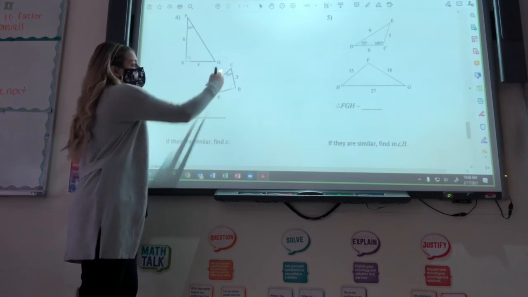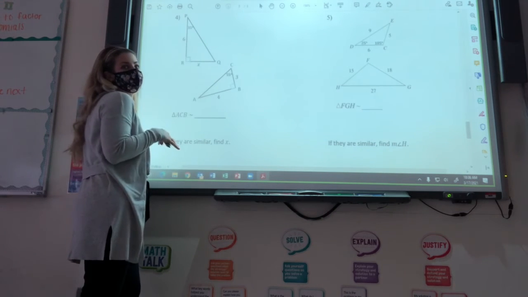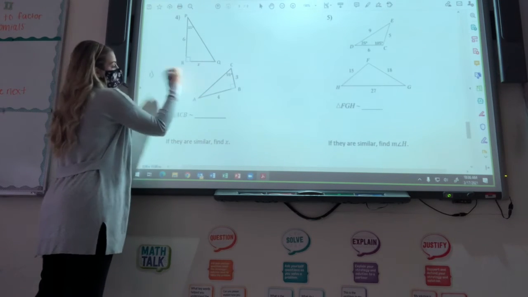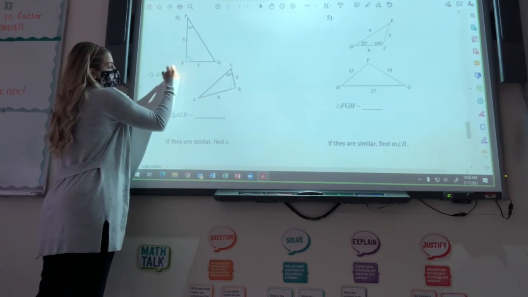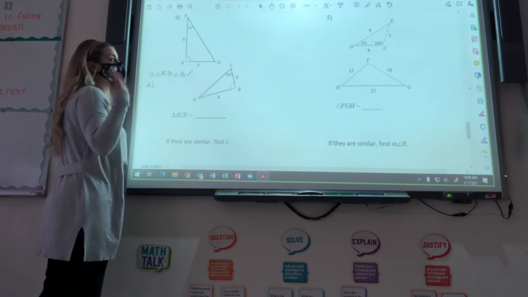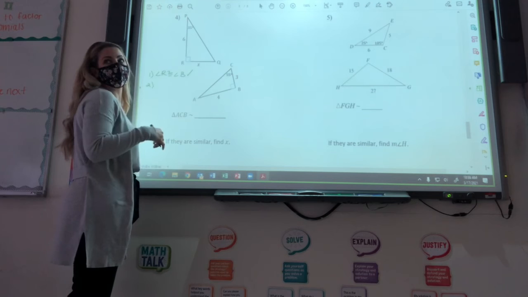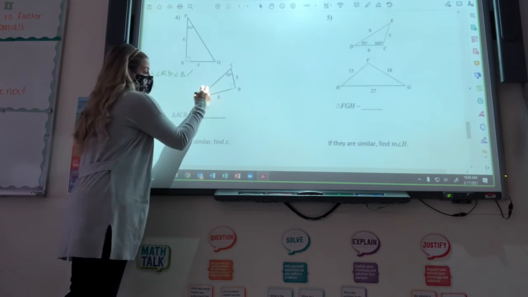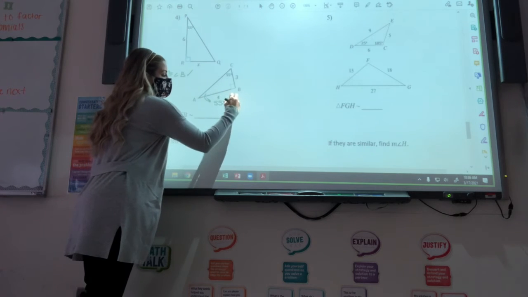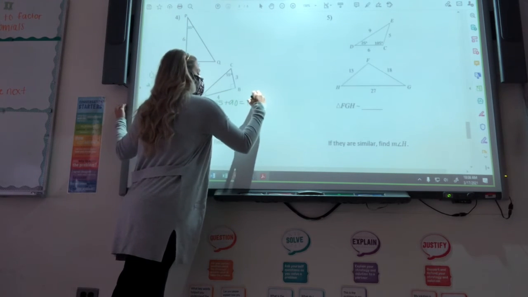So instead, they're giving me angles, so I can prove the angles are the same. Well, I already know R and B are the same because they're both right angles. So we do 180 minus. Yes, we're going to do the same thing we did before to find one of the missing angles. So 55 plus 90 gives me 145.